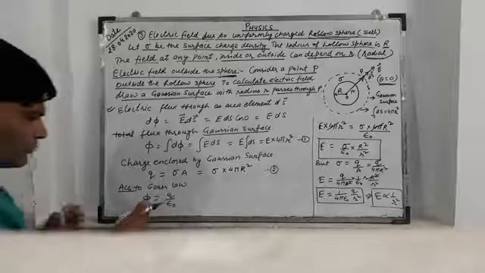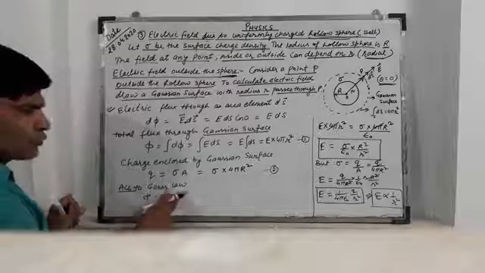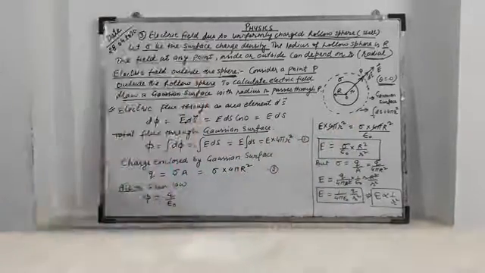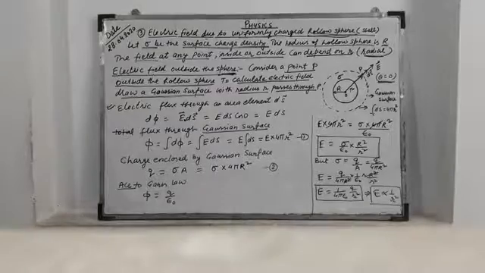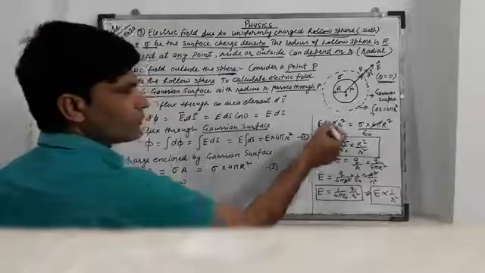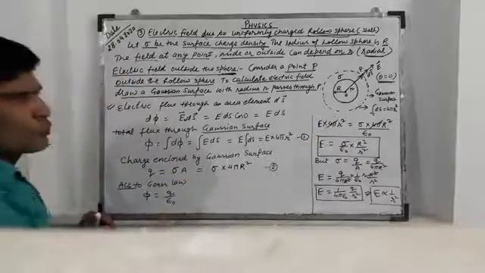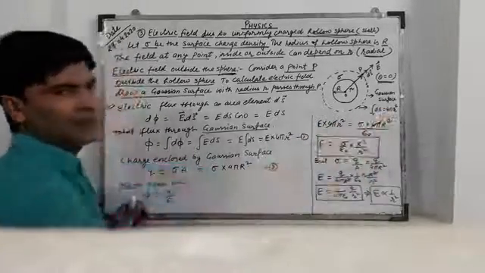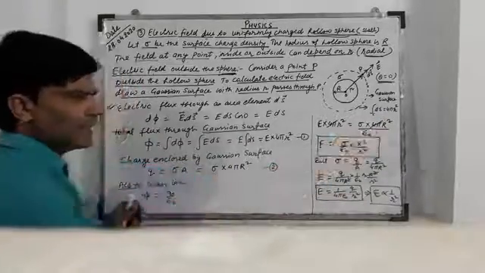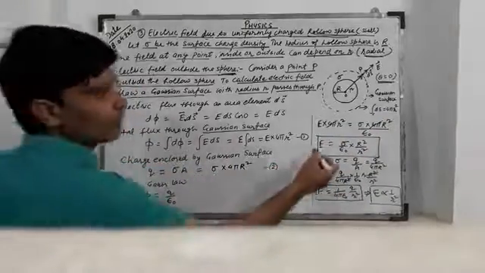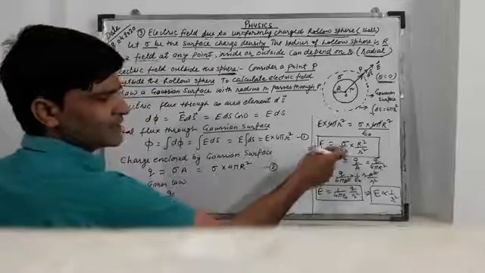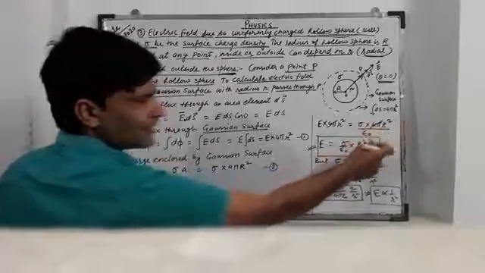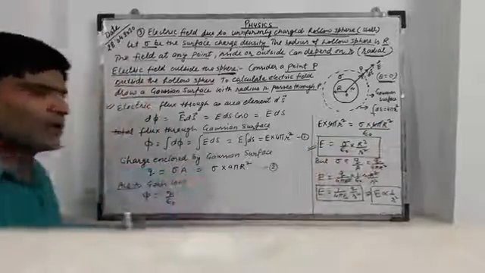Then put the value of phi and Q from equations 1 and 2: E into 4 pi r square equals sigma into 4 pi capital R square upon epsilon naught. In the next step, E is equal to sigma upon epsilon naught times capital R square upon small r square.